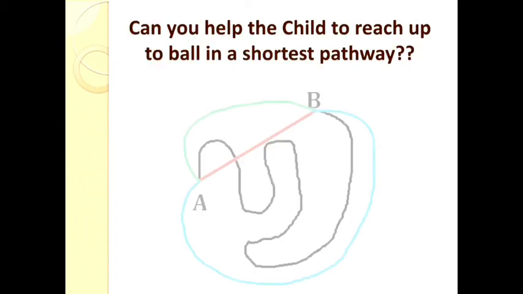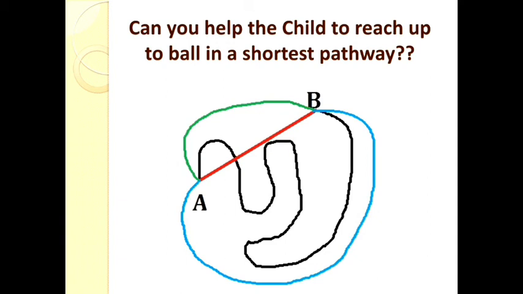In this picture also, the red colored path is the shortest distance between starting and finishing point, so it is called displacement. The other pathways shown with green color, black color and blue color involve distance, not displacement.